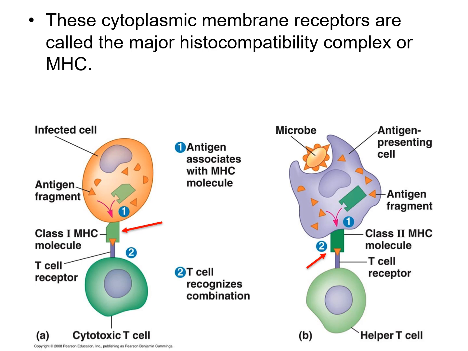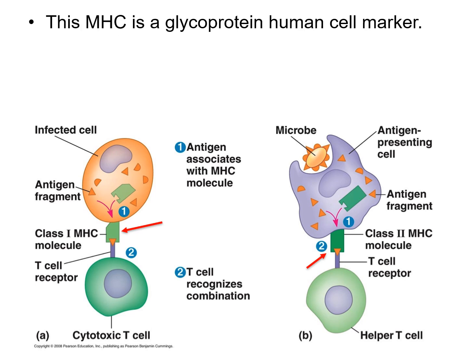So in the picture to the left, you have a glove that we're pointing to, MHC1. In the picture to the right, you see another glove, MHC2. The MHC molecule is a glycoprotein human cell marker.